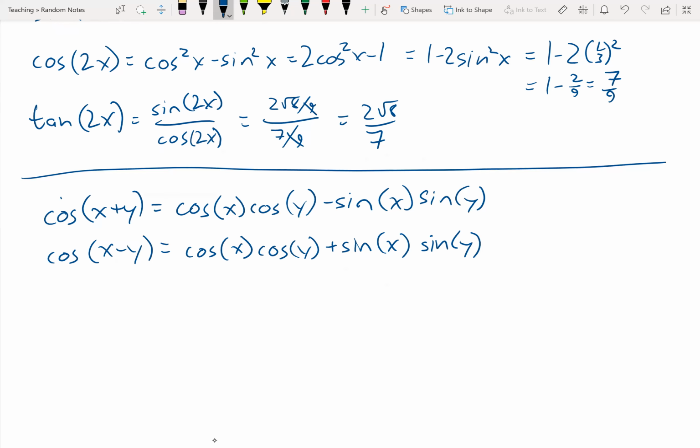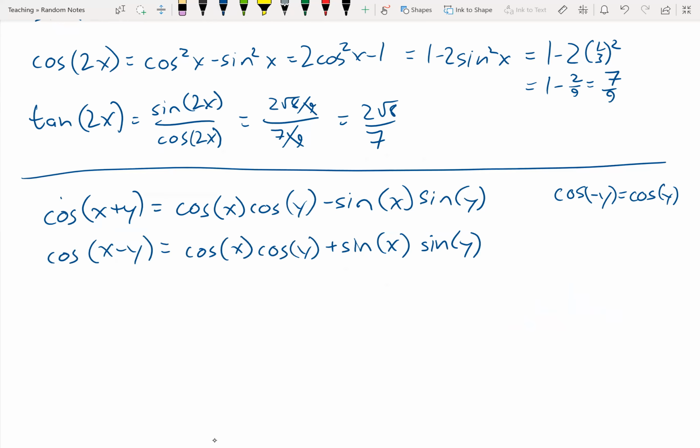Now why is it that cosine of negative y equals cosine of y? Because if you think about cosine, it's symmetric with respect to the y-axis. That's not a very good drawing of cosine, but it's the same value whether you plug in a positive or negative value, you get the same answer.